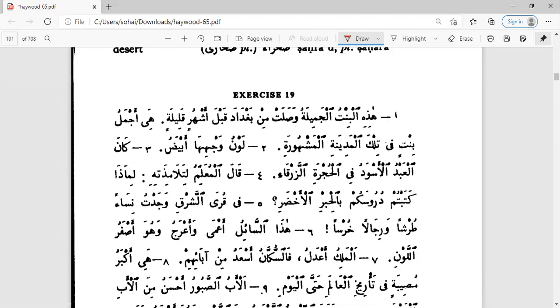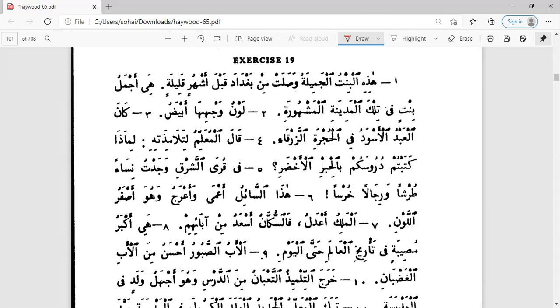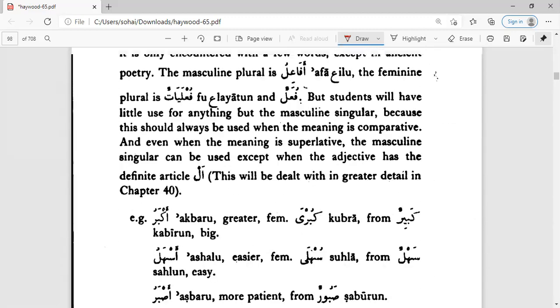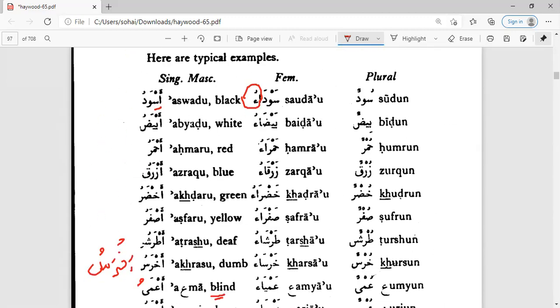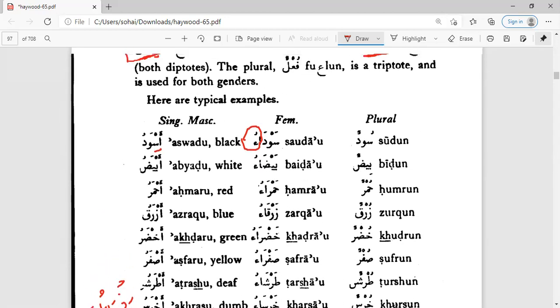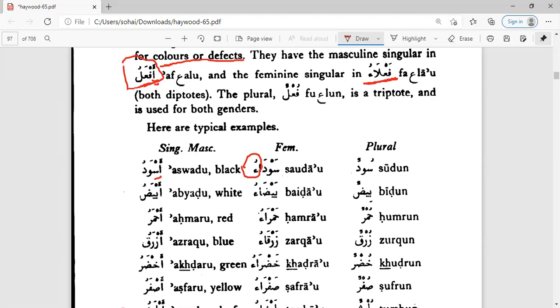So for example, in Morocco, there's a city. They call it the Blue City because all the houses are painted blue.